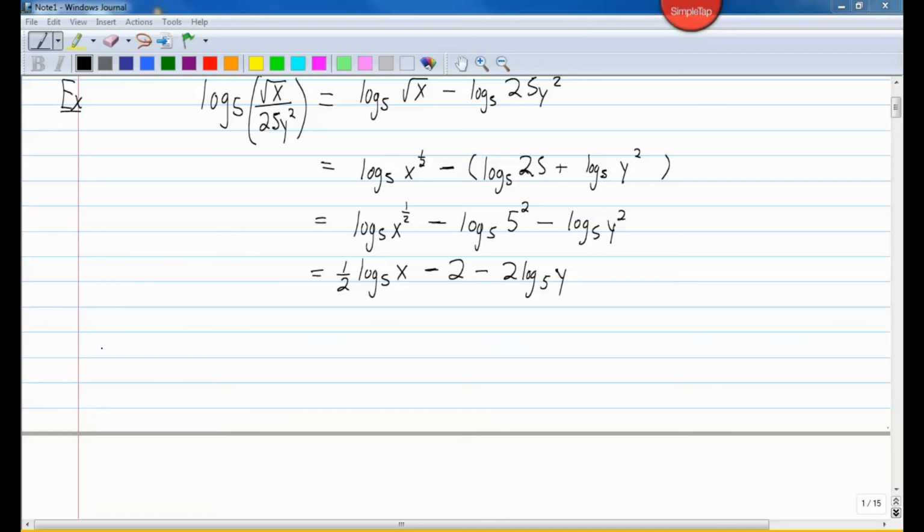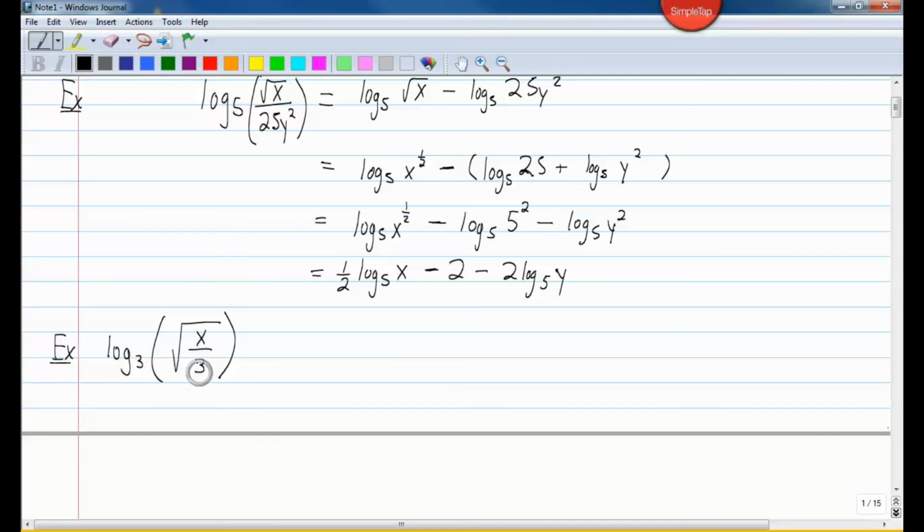Let's say that I had log base 3 of the square root of x over 3. So there's not really much that I can do.